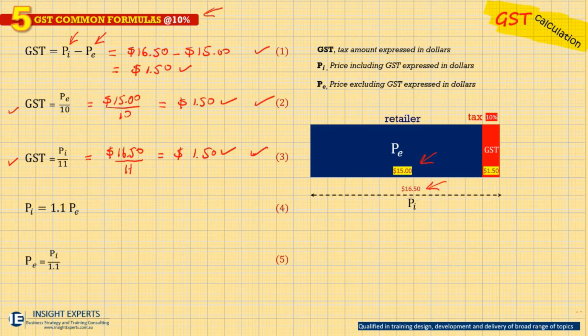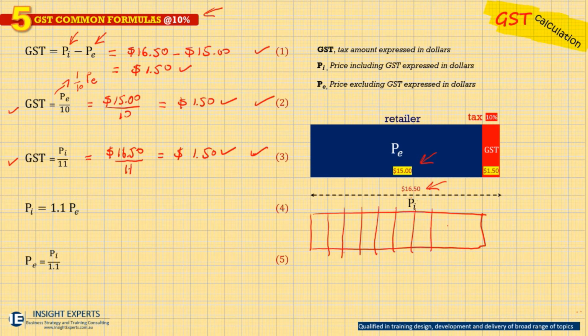Another way of reading equation number 2 is as follows: the GST amount is equal to 1/10 of the recommended retail price. So if I draw this block, which is equivalent to the blue blocks up there, and divide it into 10 equal segments, each one has a size of 1/10.